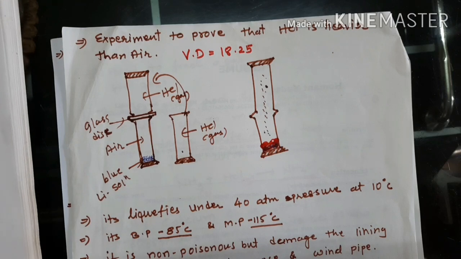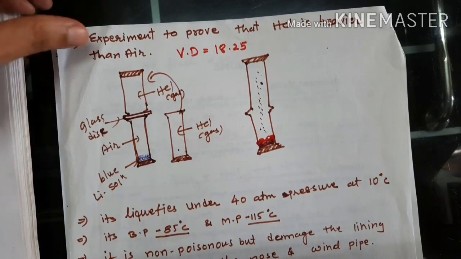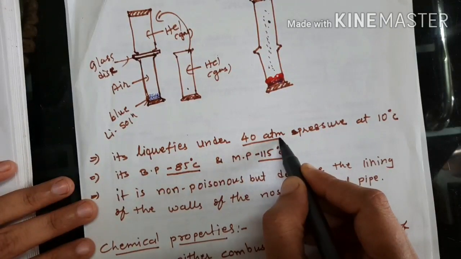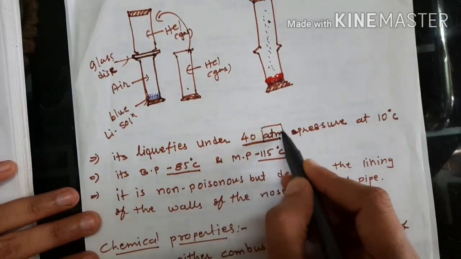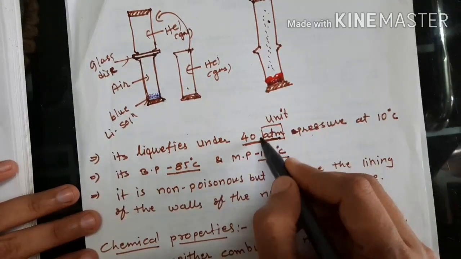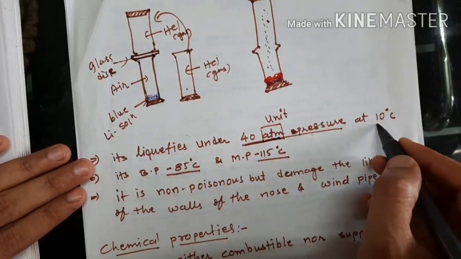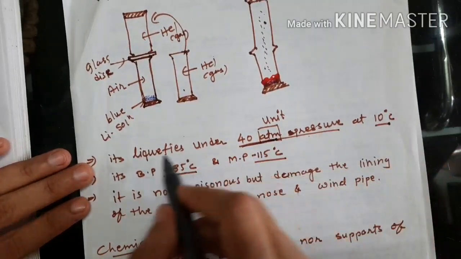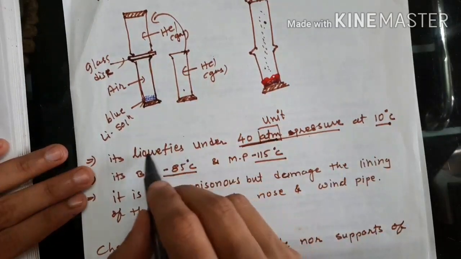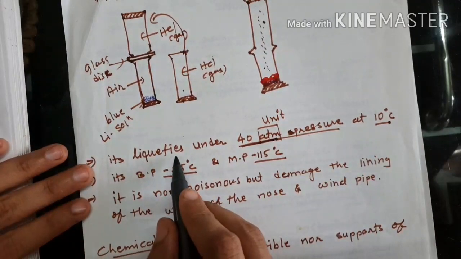Okay. Now the next physical property of HCl is liquefaction. We can liquefy HCl gas under a pressure of 40 atmospheres, which is a unit to express pressure. When we apply 40 atmospheric pressure to HCl gas at 10 degrees centigrade, it converts into liquid form.